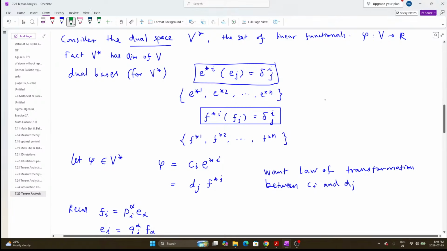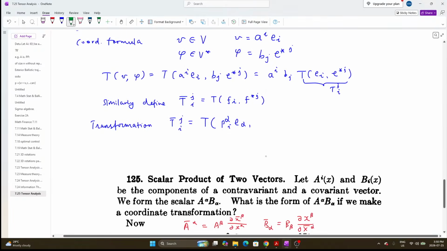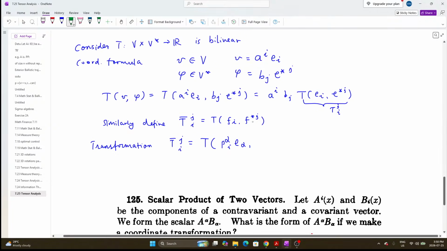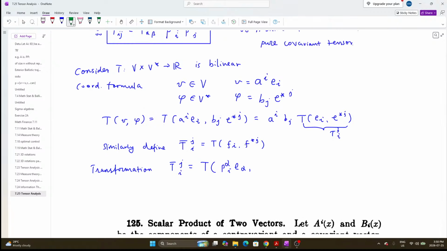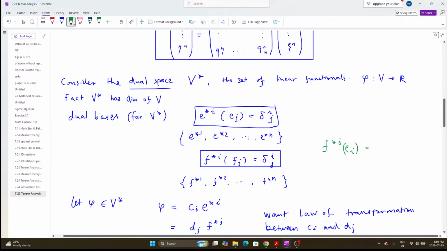What is f star j evaluated on e_i? That's easy. Sorry, I want f star j in terms of e star j. I want this to be in terms of e star j. So how do I do that?